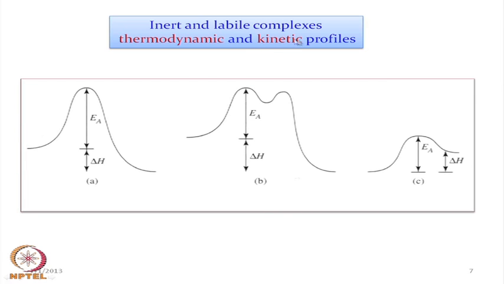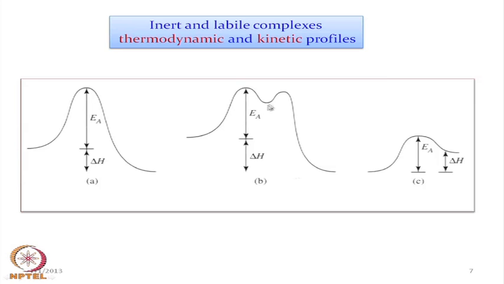But when we talk about the kinetic profile, we should consider the EA values, the energy of activation: how much of a barrier you have to cross from the left hand side, ML5X as we have considered so far, to ultimately get to ML5Y, the product formation. So, this is the barrier that has to be crossed, and in some cases you can have an intermediate, and in other cases you do not have the intermediate.